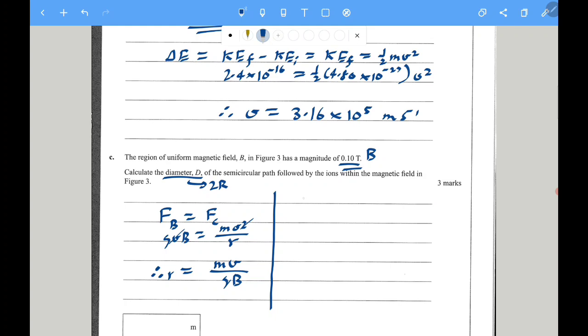Now the diameter is just equal to twice the radius. And this value of the speed is what you would get from the previous part of the question.